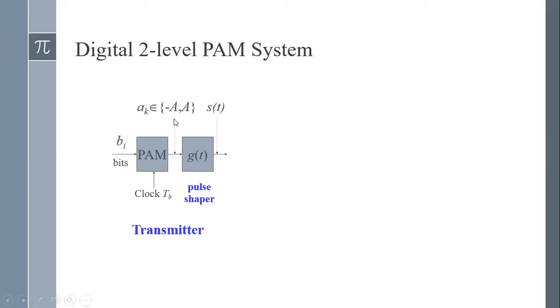This minus A or plus A is sent to a pulse shaper, and the output of this pulse shaper is square pulses. If I am sending 0 1, the PAM output will be minus A, plus A, and here we'll get a square wave of minus A voltage and a square wave of plus A voltage, right?